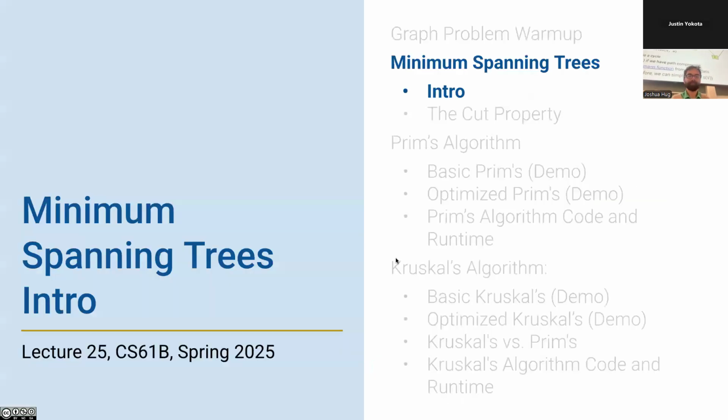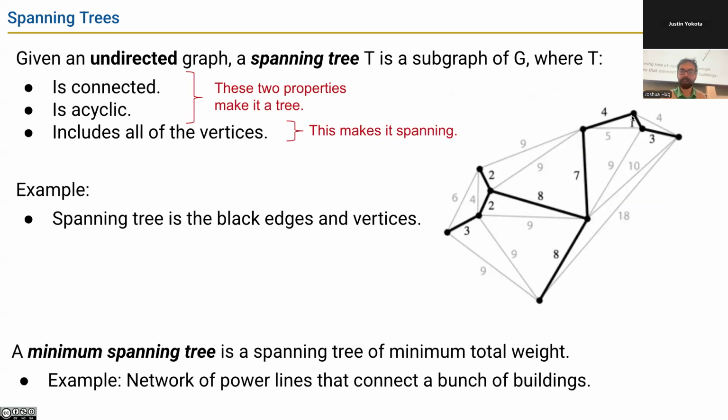All right. Okay, let's talk about minimum spanning trees. A minimum spanning tree is defined as follows. If we have an undirected graph, first I'll tell you what a spanning tree is. It's a subgraph of the original graph. I'll call this thing T for tree. It needs to be connected, meaning all the vertices are reached in this subgraph. It's acyclic, no cycles.